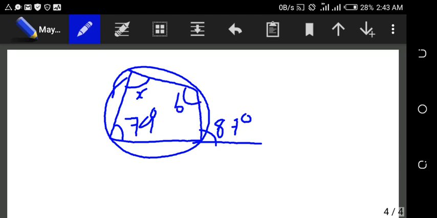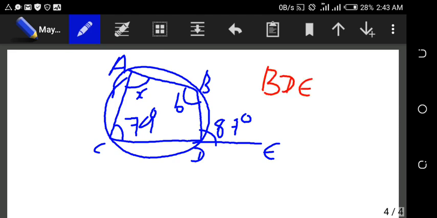How do we solve something like this? By the theorem of exterior angles of a cyclic quadrilateral, let me label it first of all. Here is A, B, C, D, and let's call here E. That means that angle BDE is an exterior angle, that is 87 degrees, and this BDE we know is equal to the interior opposite angle, in this case CAB, which happens to be our x.